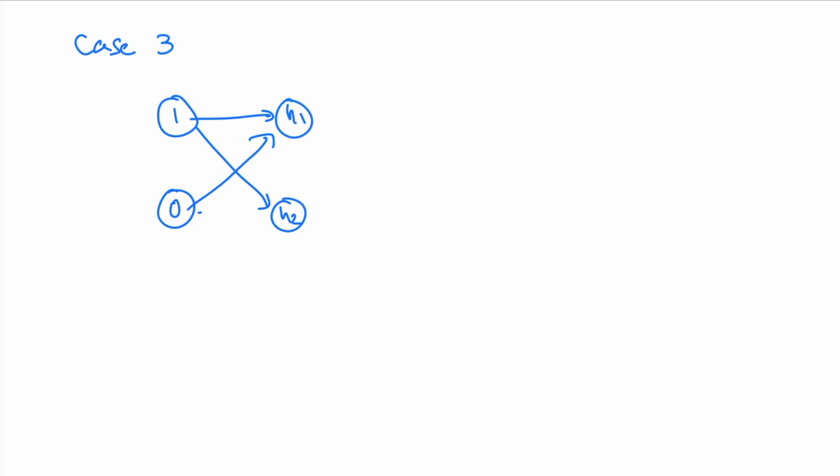So for case 3, we do the same thing, except the fact that now the input is 1 and 0. And everything else remains the same, right? So remember, these weights or connections are fixed regardless of what inputs we have. That's like the key thing we need to remember here. And so in this case, for the top one, we get 1 times 1, and then 0 times 1.